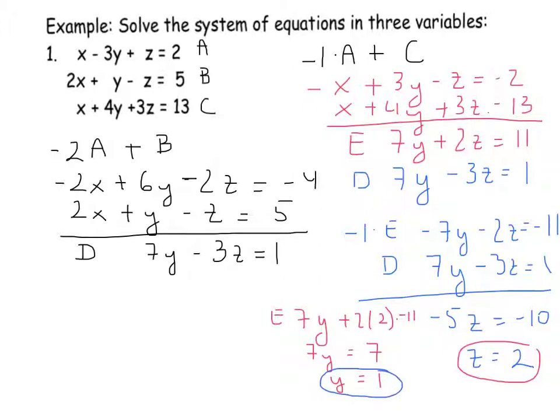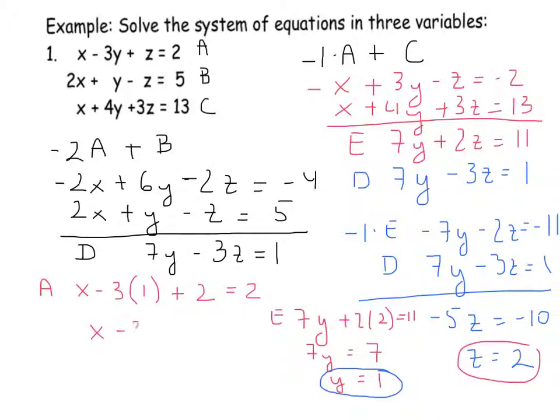So lastly, I can take y and z and substitute them into any of the original equations. So I'm going to choose A, and I'm going to substitute. So x minus 3 times 1 plus 2 will equal 2.